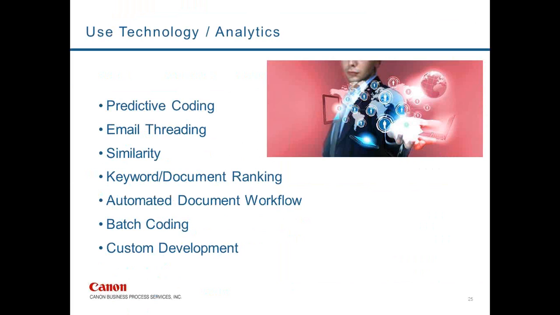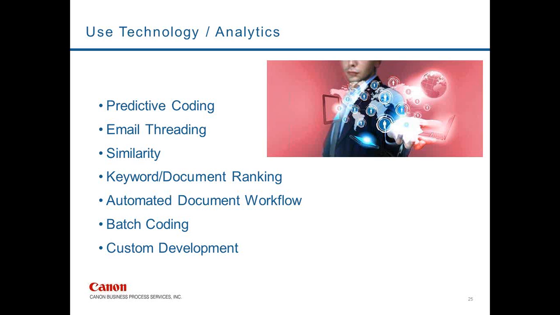Brad, I think you were going to cover this. Go ahead. Yeah, so we talked about analytics a little bit throughout the presentation so far, and a number of the demonstrated and most commonly accepted technologies for reducing the volumes are some of the ones that we see on the screen right now.